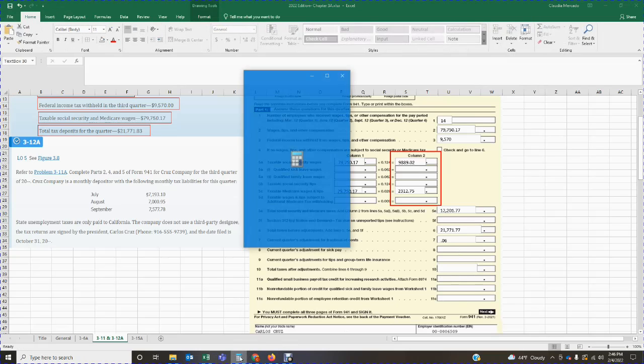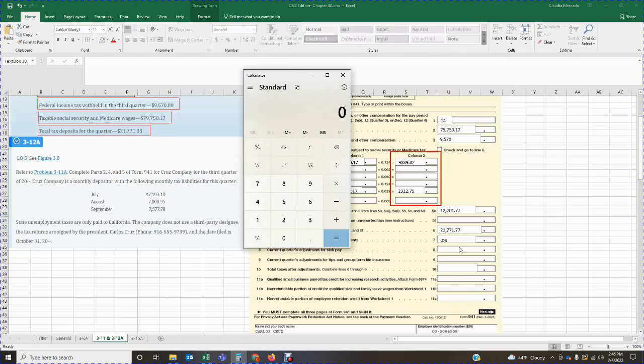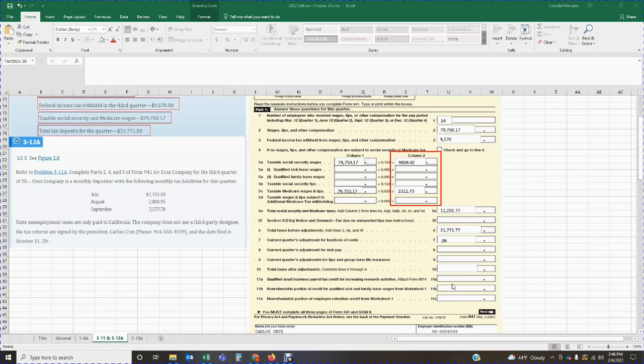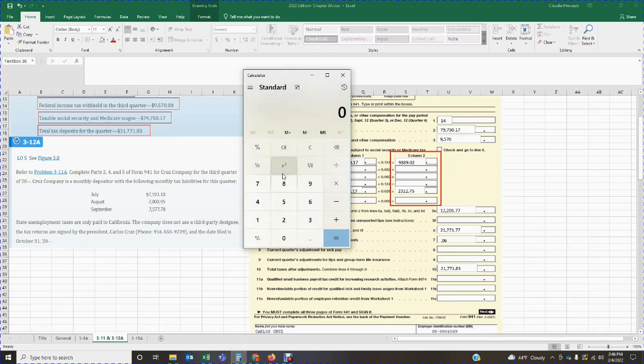So we are going to get our calculators out, and it will be 21,771.77 plus 0.06. That will be 21,771.83. Let me see if I got that number right. 21,771.77 plus 0.06. Yes. Okay.